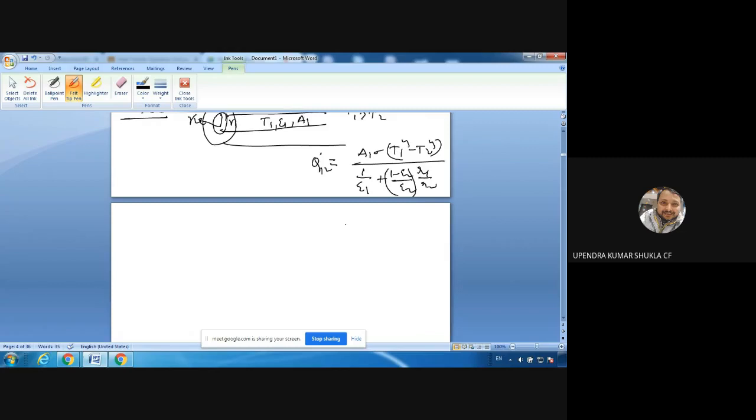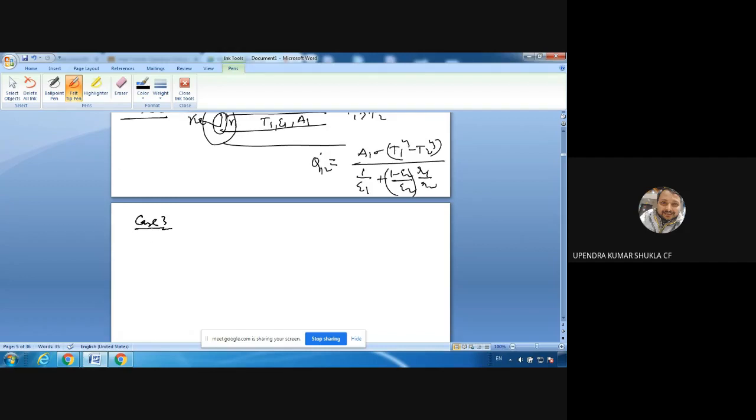Now case 3 is the sphere. We are doing something very similar to conduction analysis. We have taken three geometries there: a solid rectangular geometry, a rectangular parallelepiped, and then sphere and cylinder.